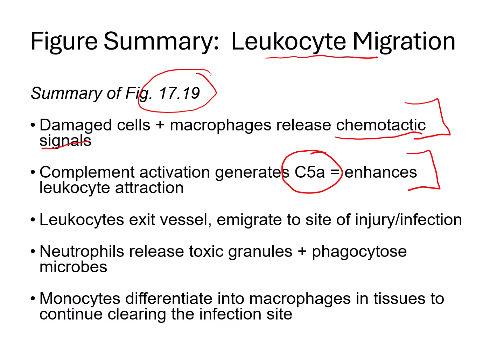Leukocytes will exit the blood vessel, and then we'll have neutrophils, once they're at the tissue site, release chemicals and start phagocytosing microbes. Monocytes will later enter the tissue site and differentiate into macrophages to continue clearing the site.